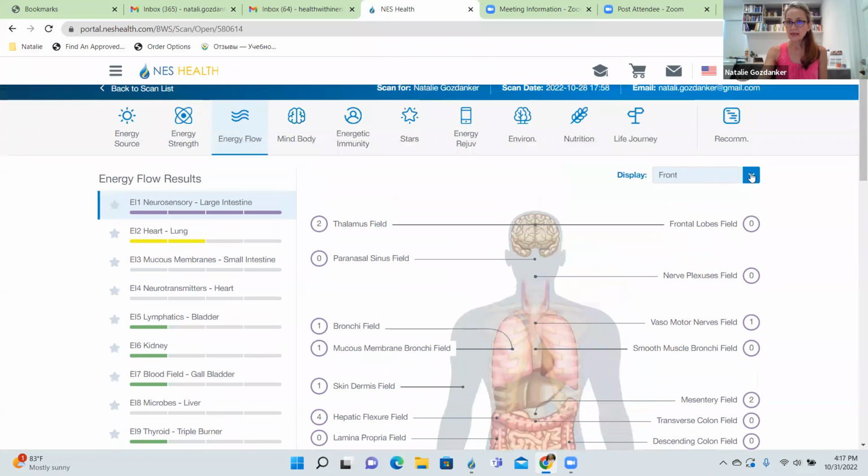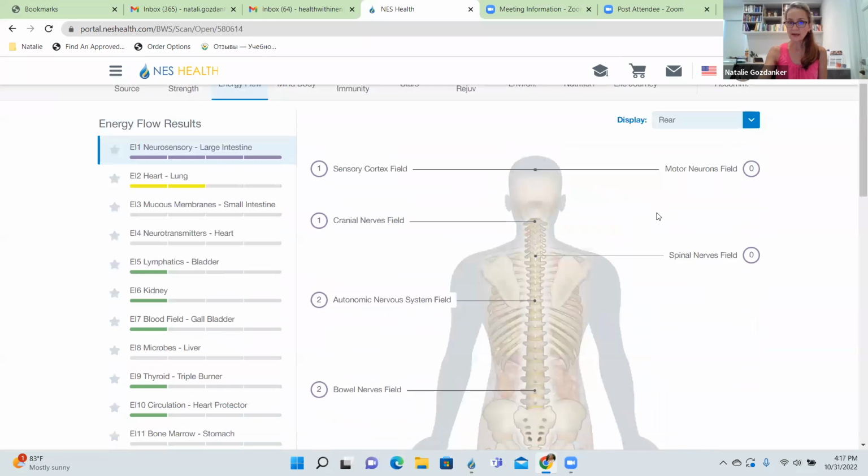I would probably in this case also look at the back of the body, at the autonomic nervous system field, looking at the spine, because a lot of bowel nerve fields run in this area, and they're responsible for, we talked about constipation, the symptom of constipation.